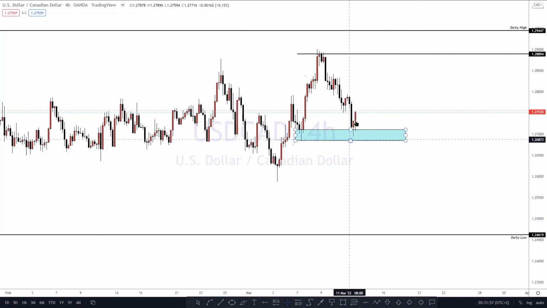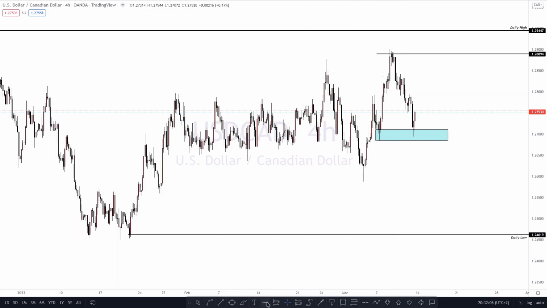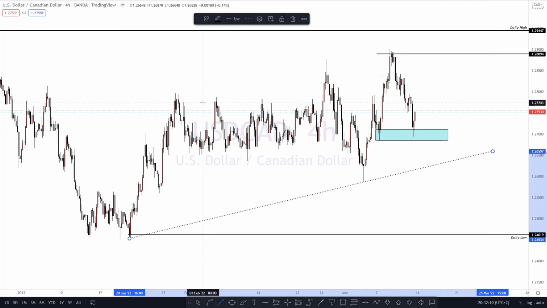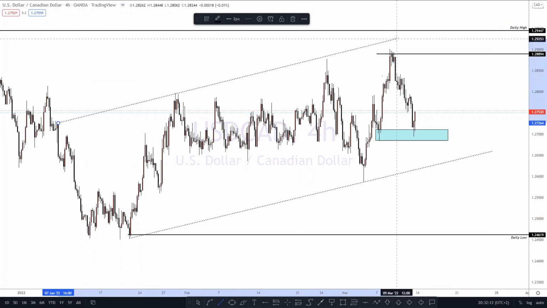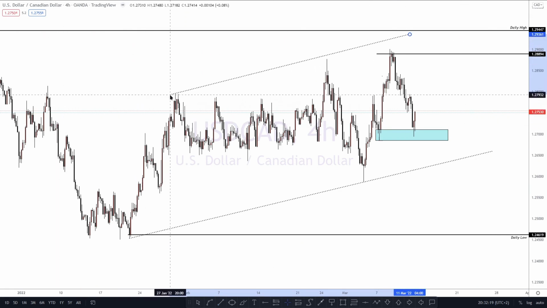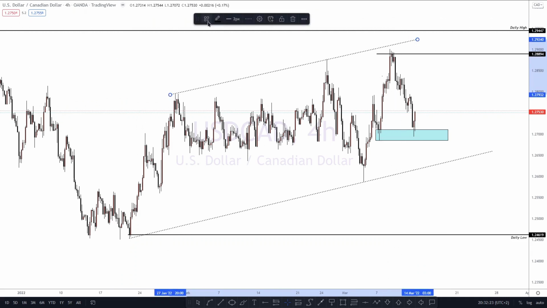But if it does break this to the downside, then we could see it coming to the 4H, to the daily lower high. So what we have is something like this now, which is an ascending channel, and I think, if I'm not wrong, an ascending channel. So probably you could just fix this from here to just here. I'm not trying to force anything.